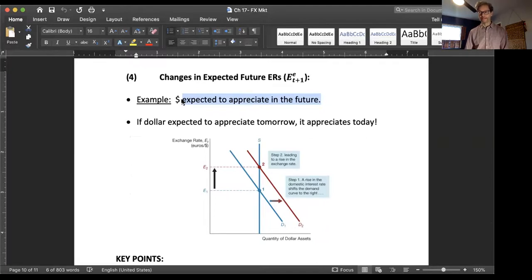They want to hold dollars today to take advantage of that. So if they want to hold dollars today, they will increase the demand for dollars, and what will happen to the dollar? It will appreciate today. So in other words, this is just how markets work. If the dollar is expected to appreciate tomorrow, it appreciates today, right? Because people are anticipating what's going to happen in the future, right?